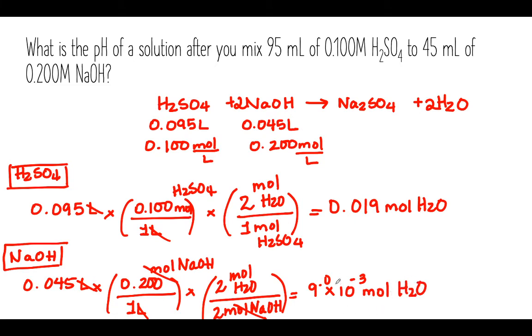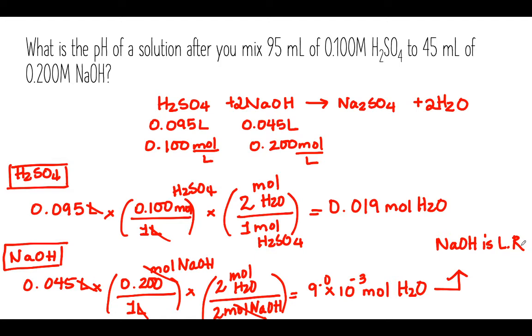Now, if you see, this is the lesser amount of moles of H2O produced, right? So therefore, NaOH is the limiting reagent. So I know that when I mix this amount of acid and this amount of base together, my NaOH is going to run out.